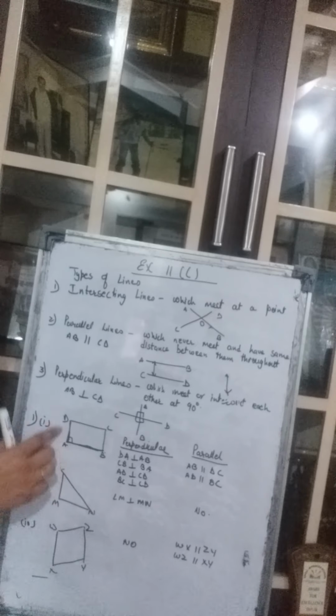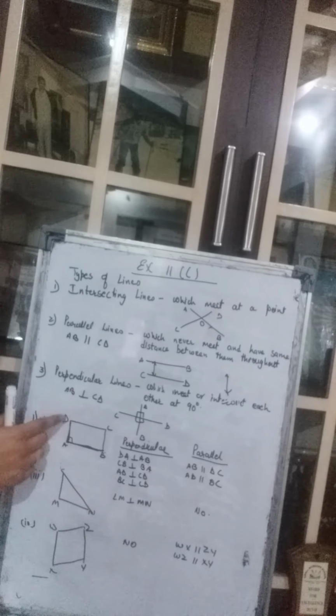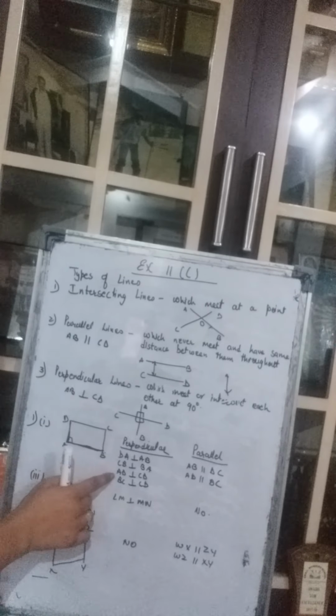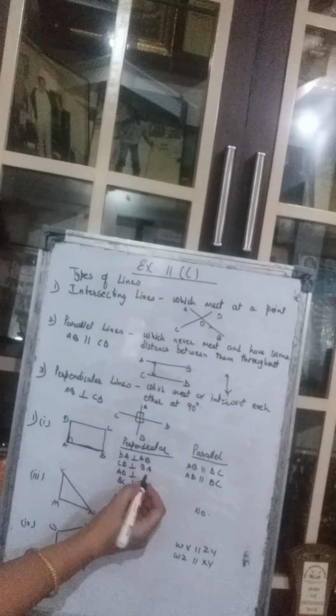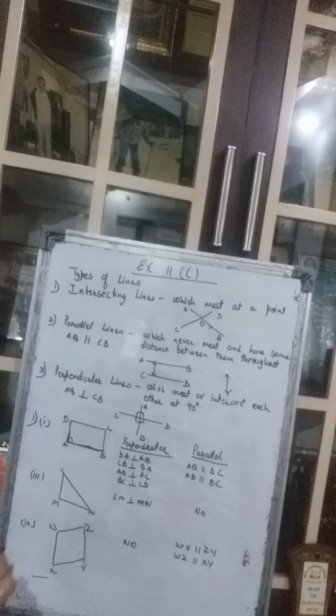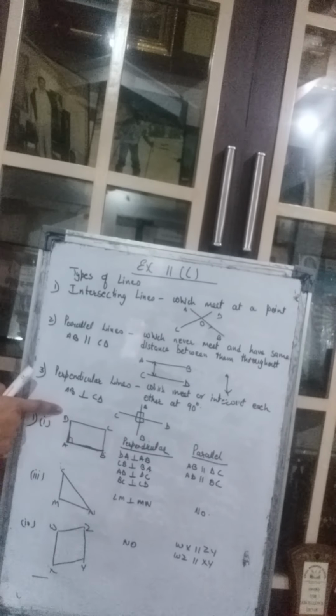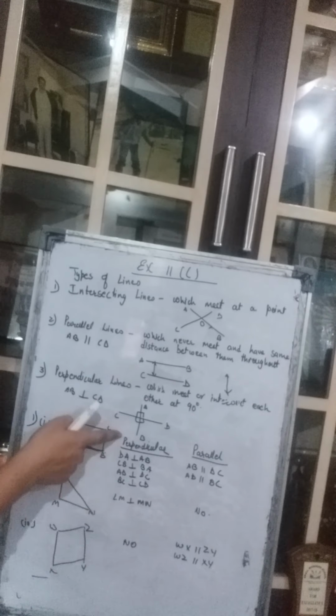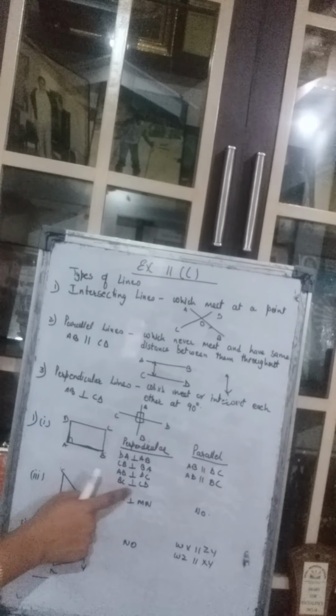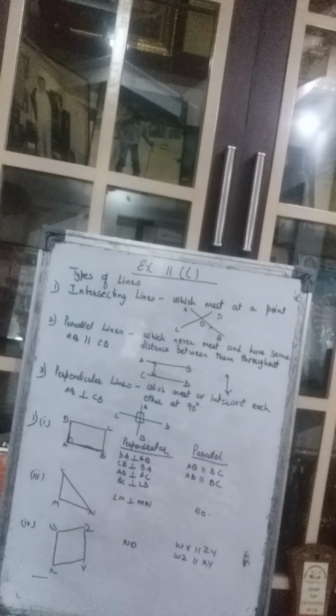So we can write AD is perpendicular to DC. You can write anyways, but we should follow the same pattern. AD is perpendicular to DC, right? And here BC is perpendicular to CD. So only these lines are the perpendicular lines.